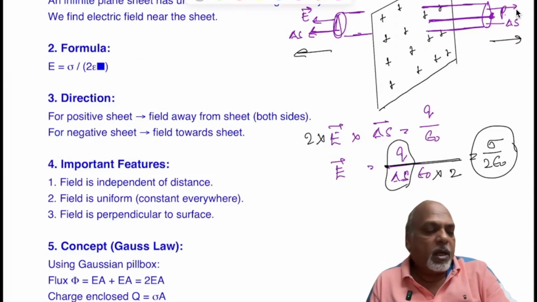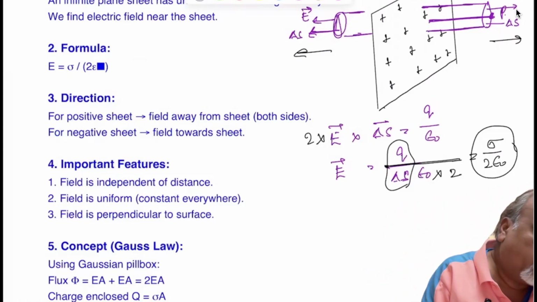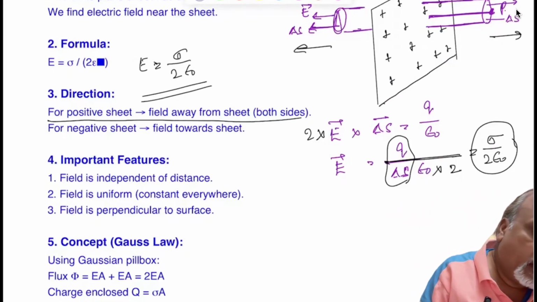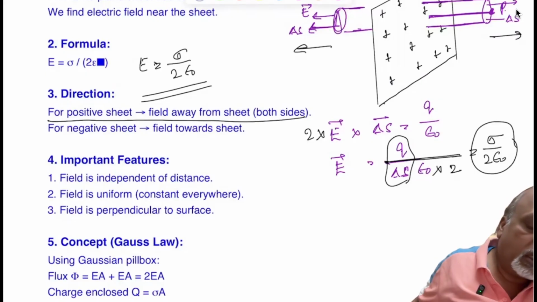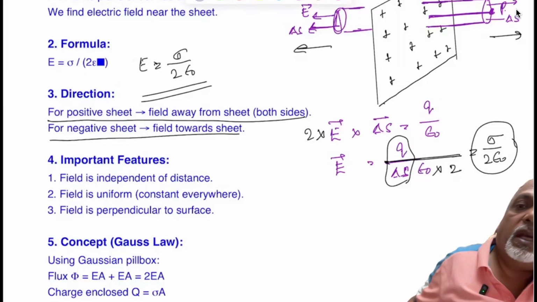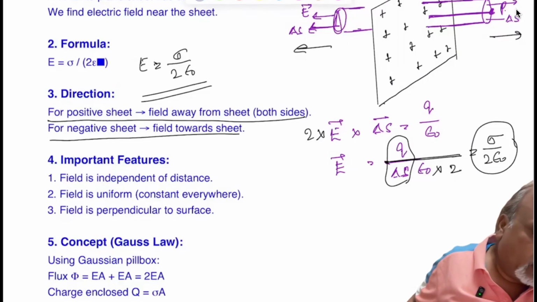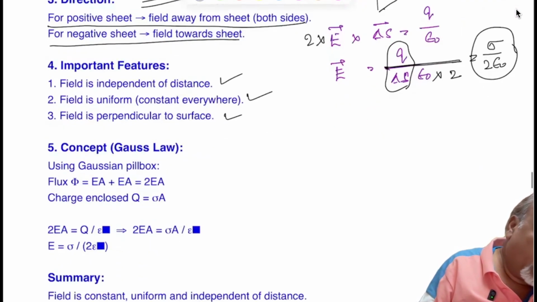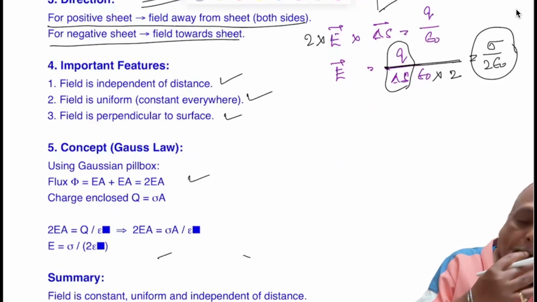So this is due to the plane sheet. Again, if a positive sheet is there, then the field will be away from the sheet on both sides. If a negative charge is there, then the electric field direction will be reversed. It is independent of the distance. The field is uniform and perpendicular to the surface. Correct?